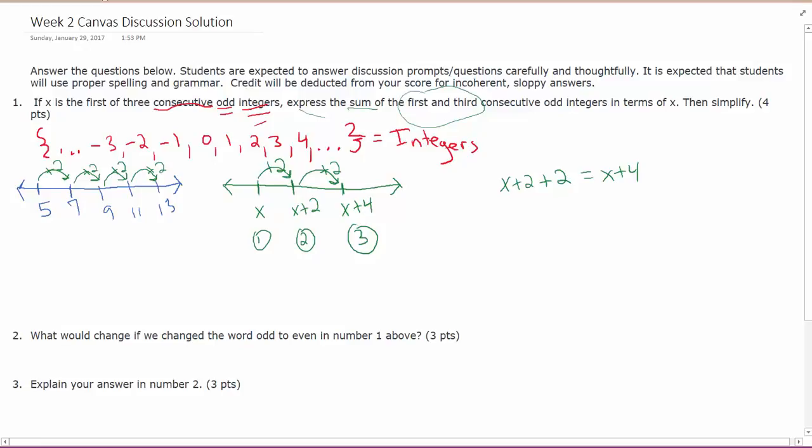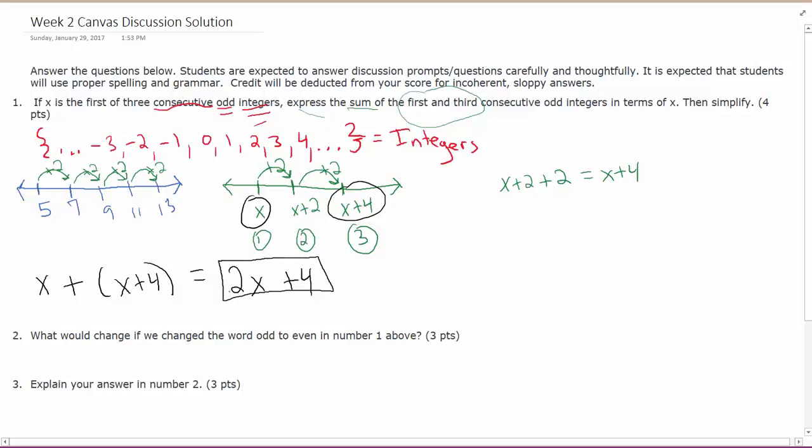So to find the sum, we take the first consecutive integer x, plus the third, which we found to be x plus 4. We would get 2x plus 4 when we simplify. So this is the solution for number 1, the simplified sum of the third and the first consecutive odd integers.